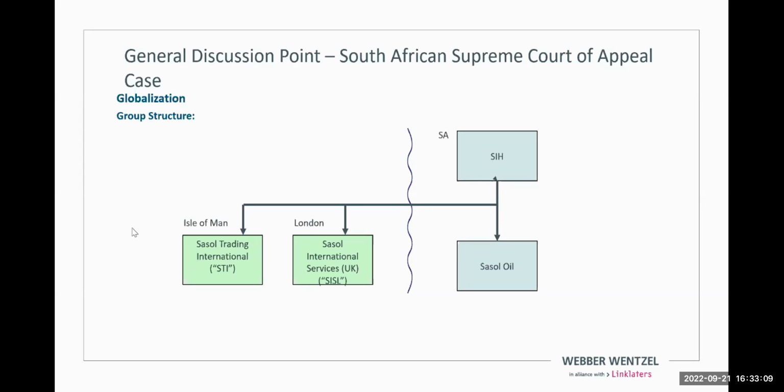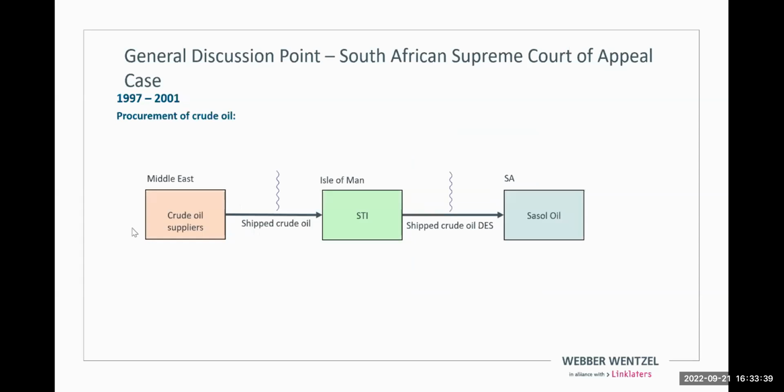And as Sasol becomes more complex, and of course from a South African point of view, as the global markets opened up to South Africa around that time, Sasol then incorporates two entities offshore in Isle of Man and London. At the time, I think the business justification for incorporating these entities in those locations was that the UK is quite close to the international markets and the main market on which crude oil is traded.